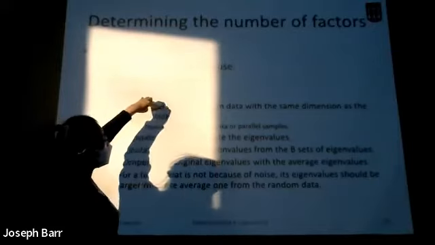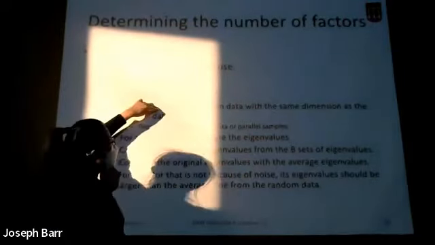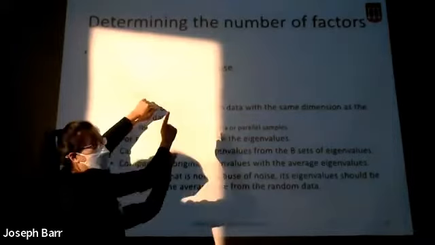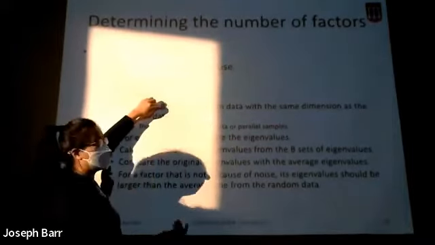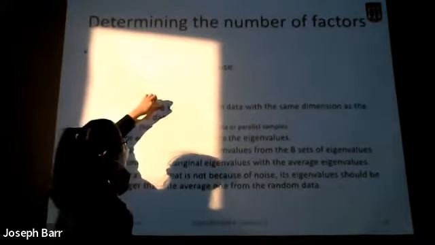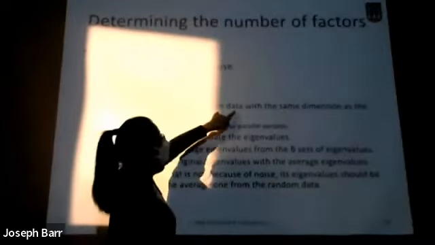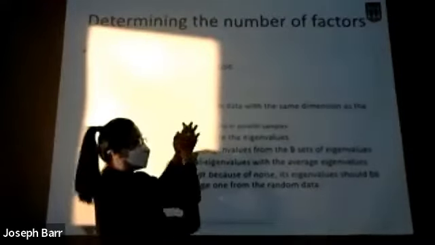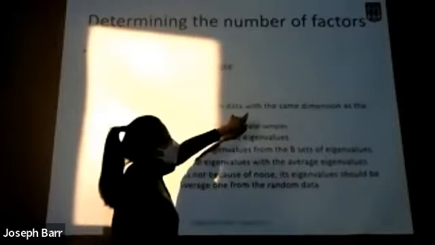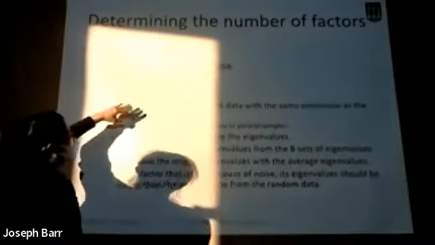Generate B sets of random data. Usually this B is a large number, 1,000 or even more. So all the data are random. There's no actual structure, with the same dimension as the original data.